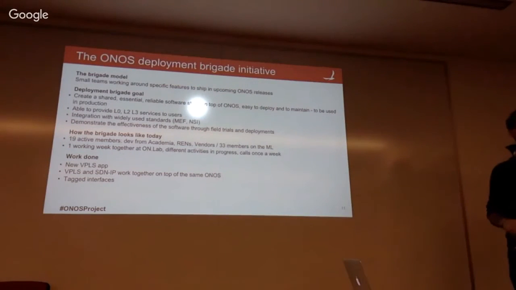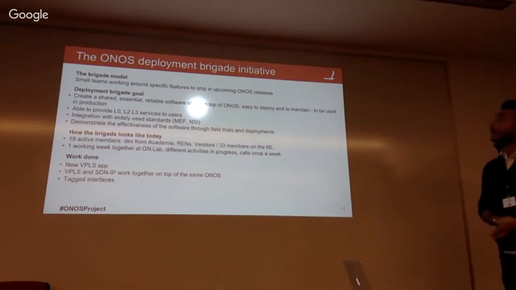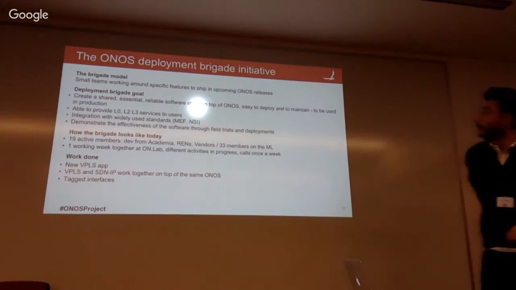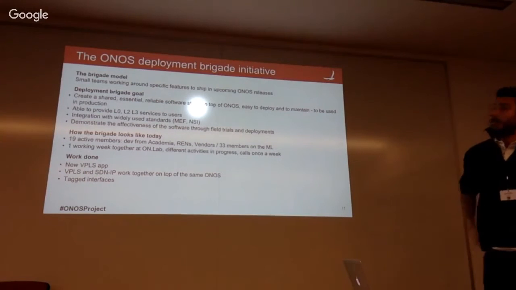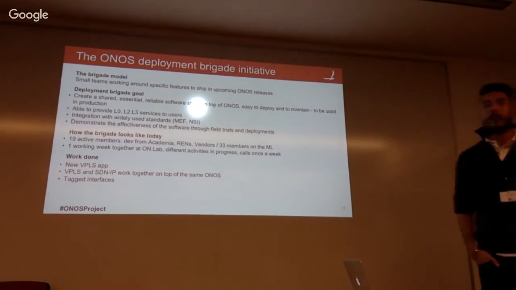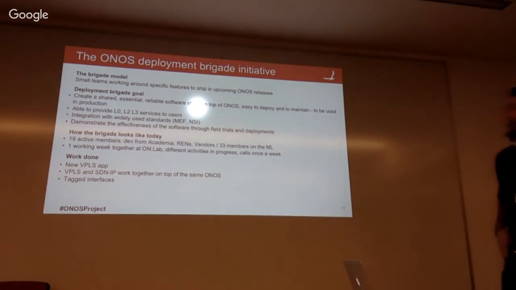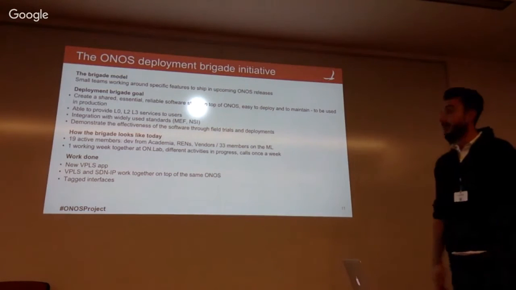So many of you asked about the Brigade initiative. One more time, Brigades are small teams working around specific features that we want to ship in upcoming releases of ONOS. Specifically, the deployment brigade has the goal to create a reliable software stack, a minimal set of features running on top of ONOS, easy to deploy and to maintain, to be used in production.